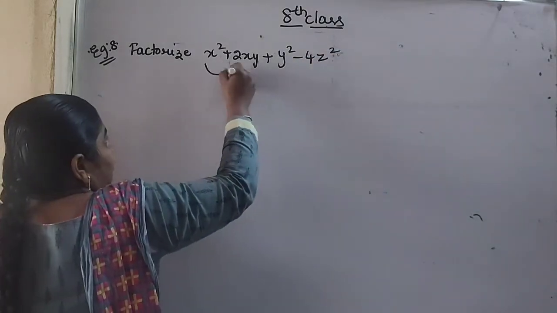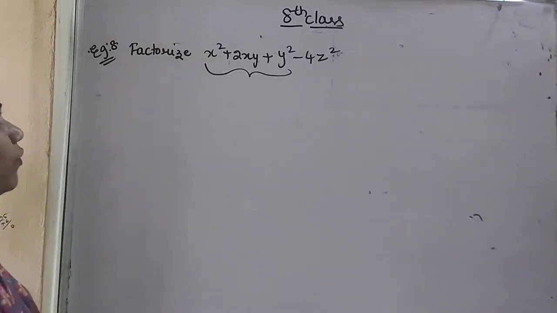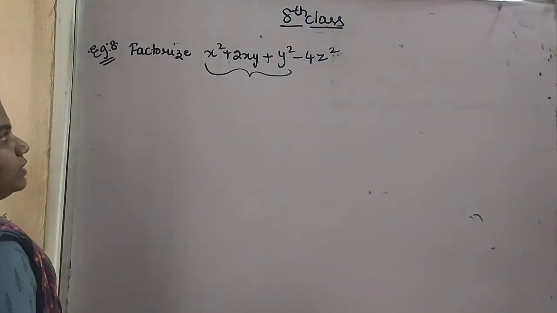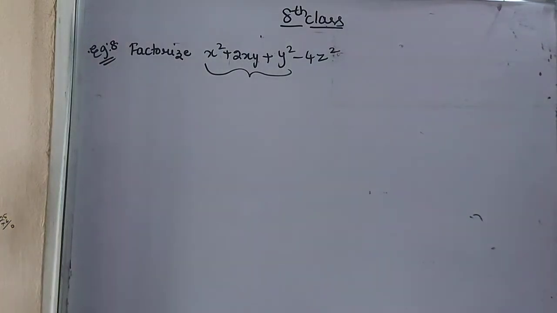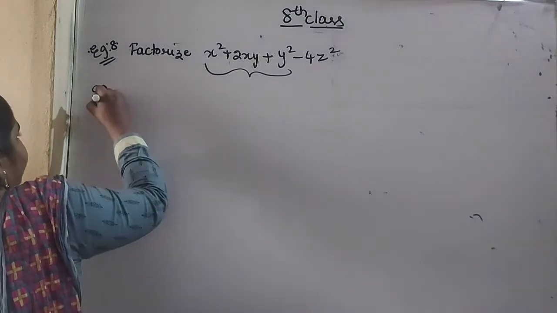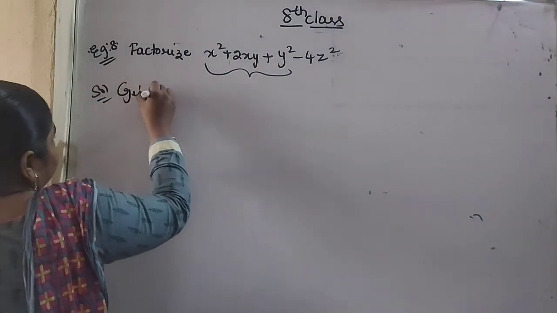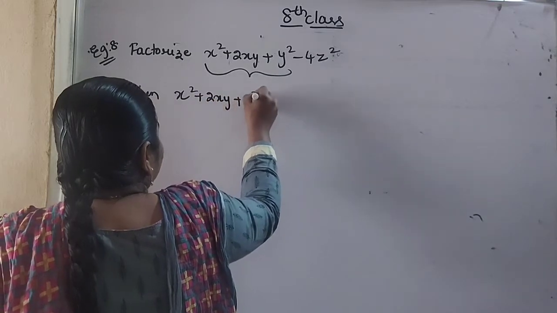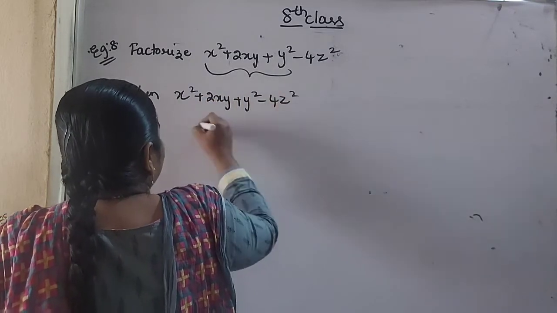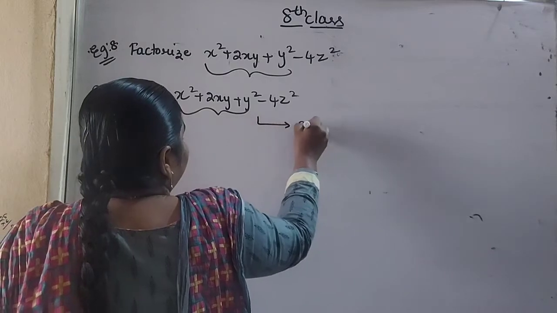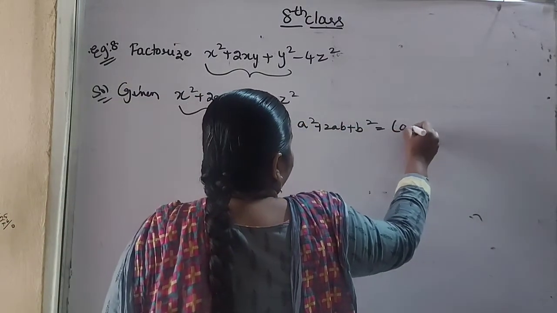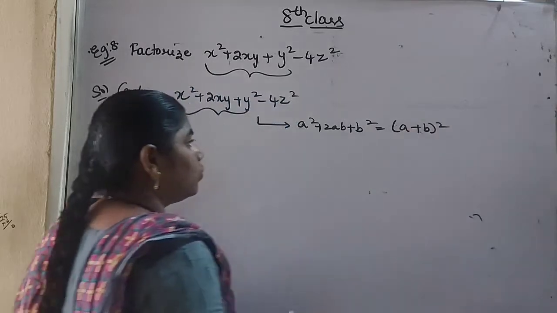If you take these three terms, they are in the form of a square plus 2ab plus b square, which we can write in the form of a plus b whole square.